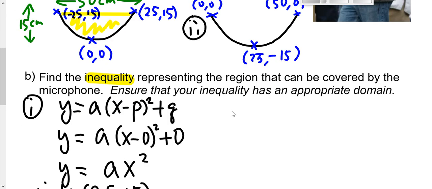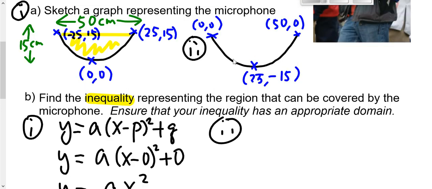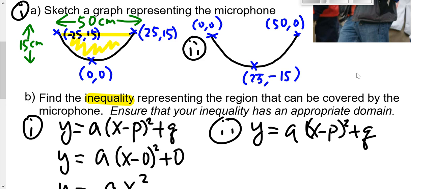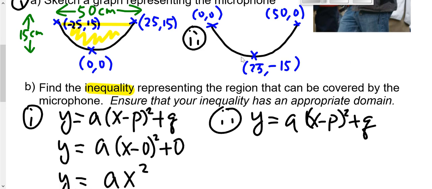So same thing here. Alright, so I'm going to go a little bit fast. y equals a times x minus p squared plus q. So if you look at this, in this case, my vertex is 25 and negative 15. So p and q.